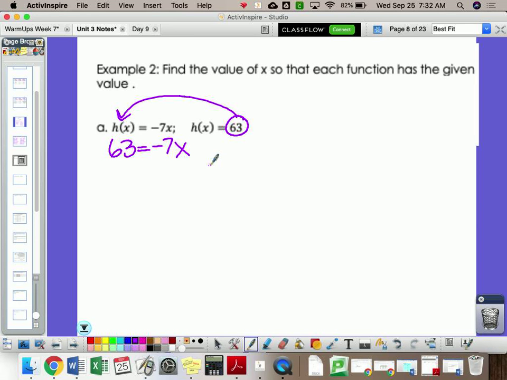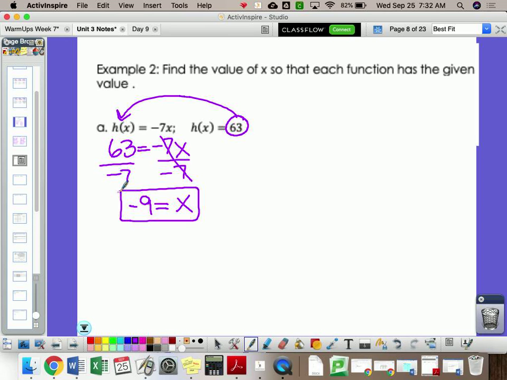Well, in order to find what x equals, I need to solve for x. So if I divide by negative 7 on both sides, I get x equals negative 9. So what does that mean?